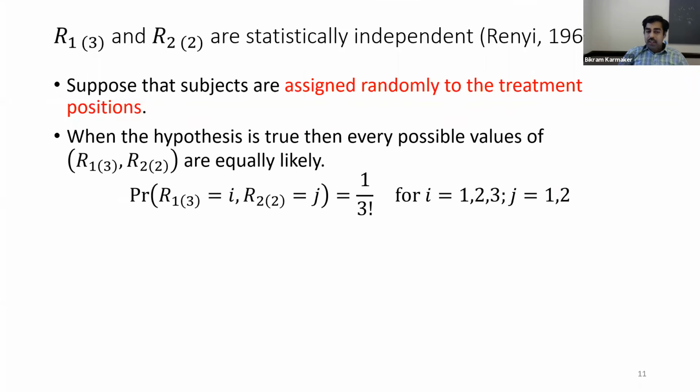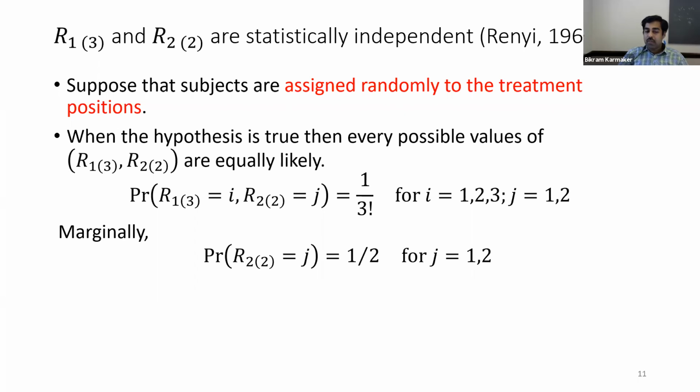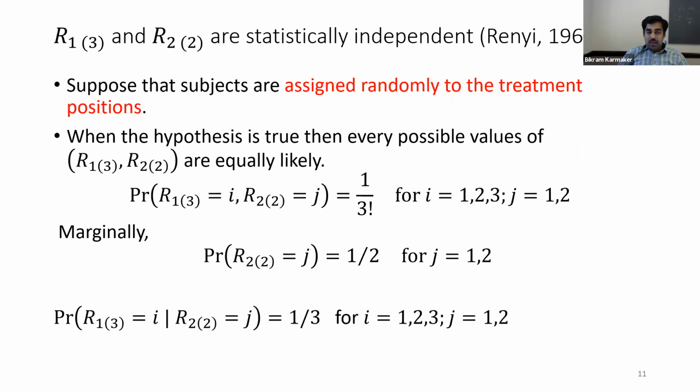So you can write the joint probability distribution as follows. If you take the marginal distribution from that, the marginal distribution of R2(2) is a coin flip, because R2(2) can only take one of two values. For simplification, everywhere I have assumed there are no ties. One extra line of calculation will show you that R1(3) and R2(2) are independent of one another.